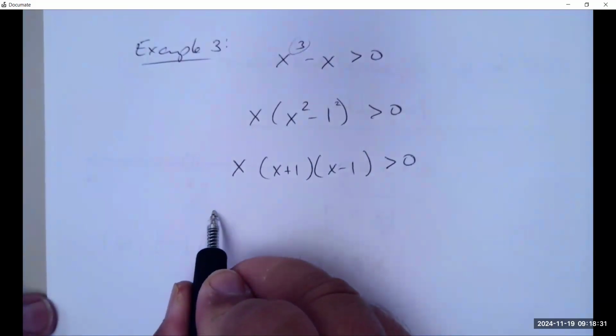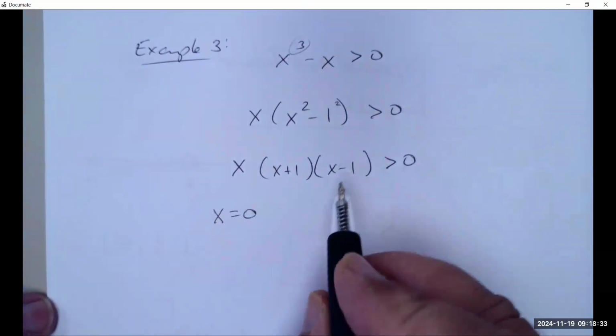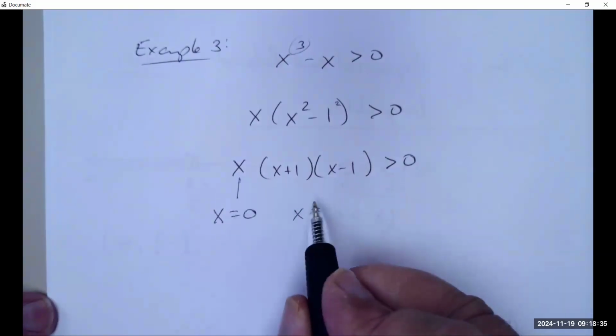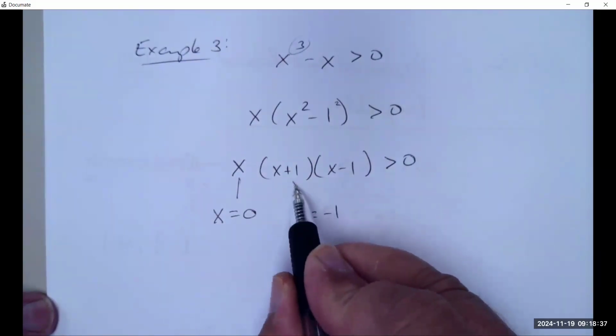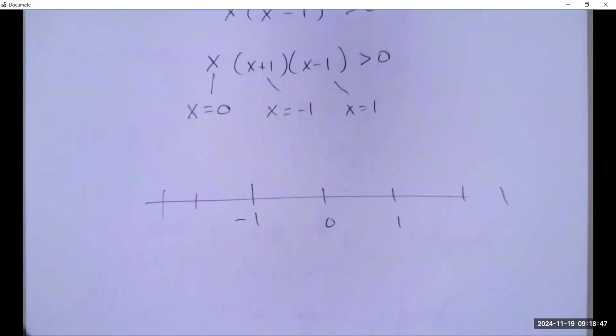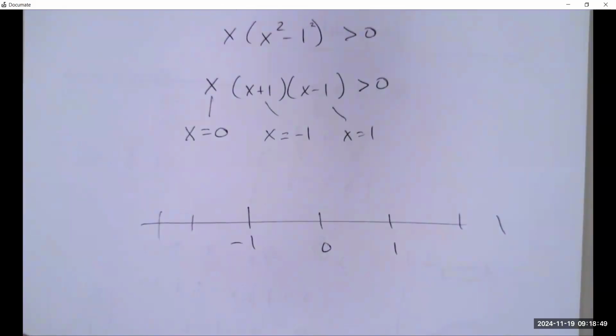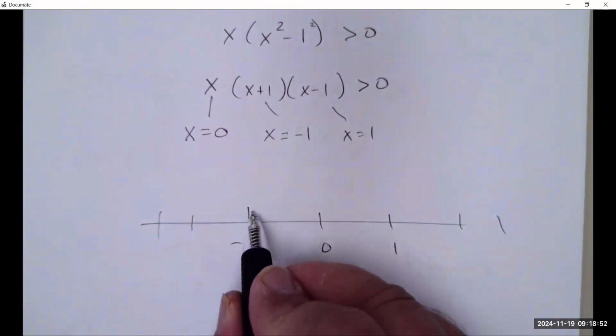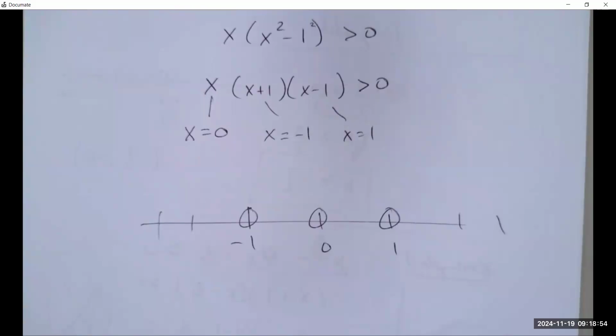So my intercepts are at x equals 0, x equals -1, and x equals +1. Are they going to be open or closed circles? Open, since there's no equal sign.